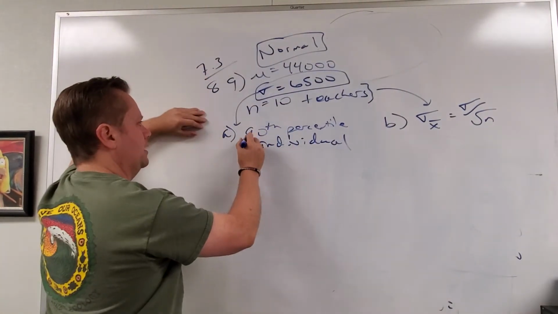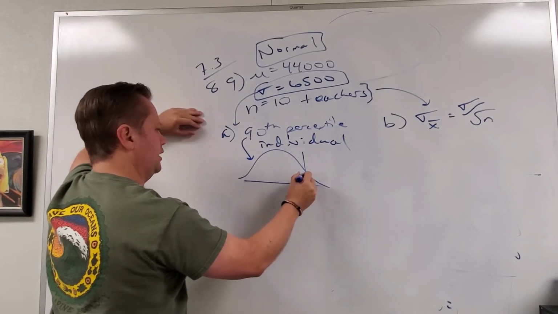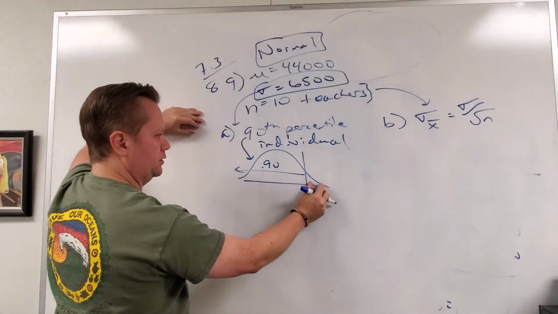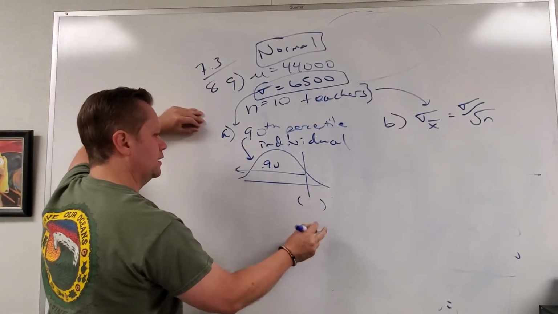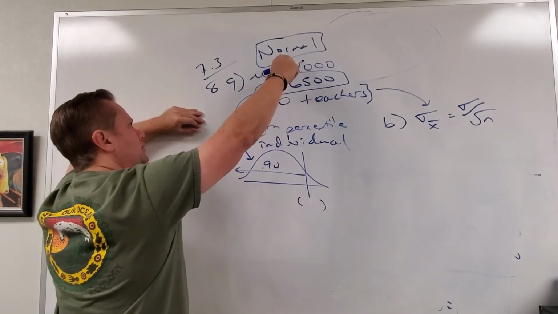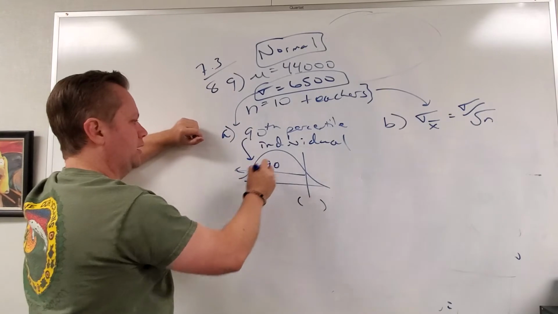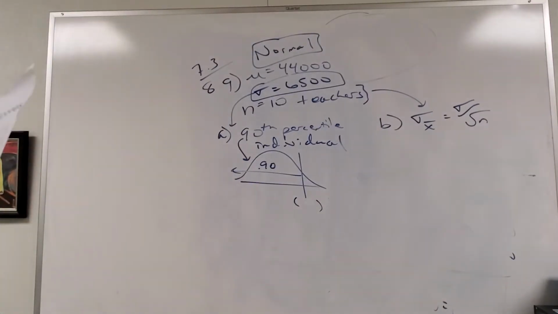If I want to find the 90th percentile, I know that means there should be 90% below it, which is why I put it way up here. So there's only 10% in the little tail. I need to figure out what the z-score is, so then I can figure out what the salary is. So I look up 0.90 in the body of the chart.